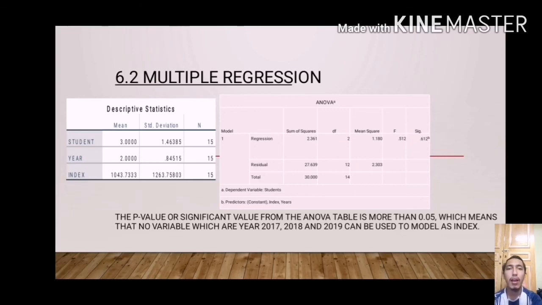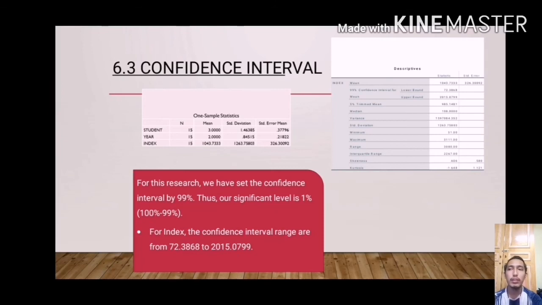Next, I want to talk about confidence interval. At this part, we need to look at the table again. From the table, we have set the confidence interval at 99%.